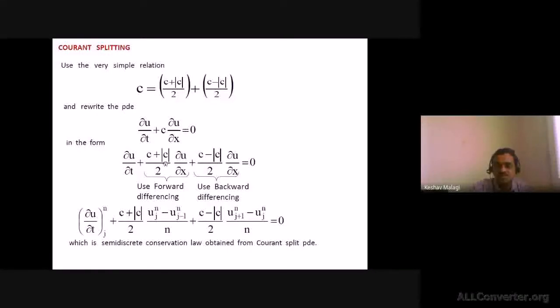Once the velocity is positive, you know that the velocity is positive means left to right, or right to left otherwise. So you have to use backward differencing and forward differencing. I think there is something slightly written wrongly here. This should be backward difference. This should be forward difference. Okay, just a small mistake here.